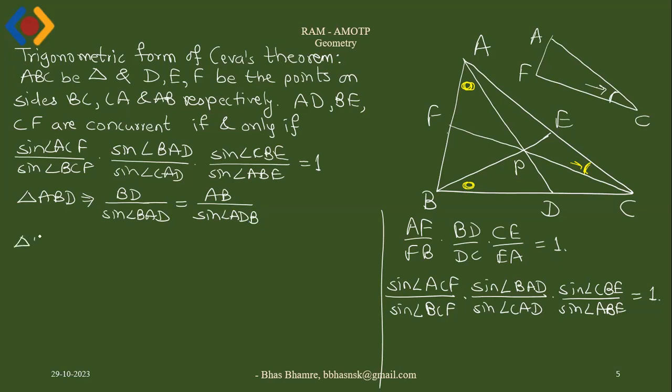When I use triangle ADC, I get that DC over sine of angle CAD is equal to AC over sine of angle 180 minus ADB.